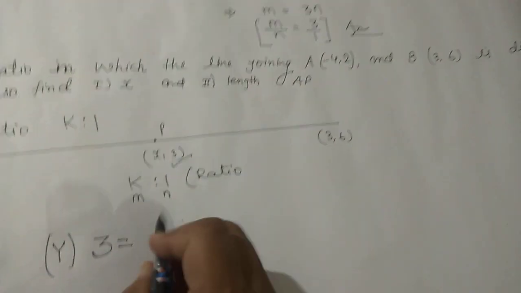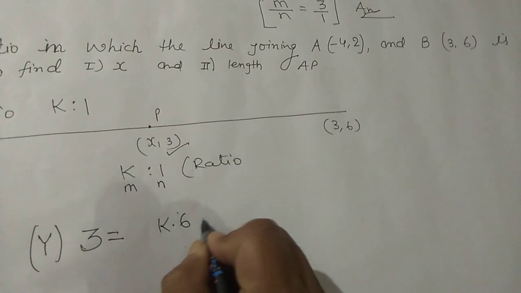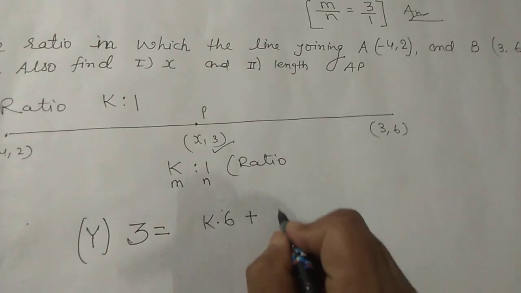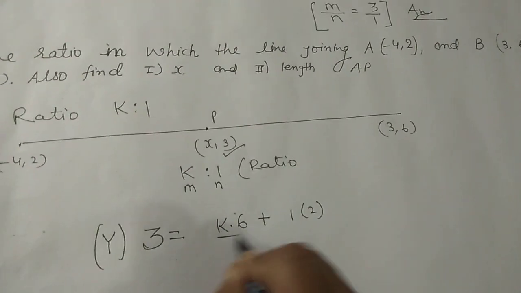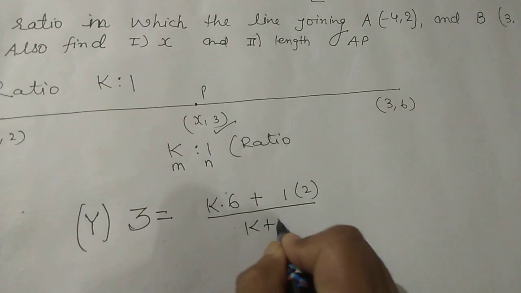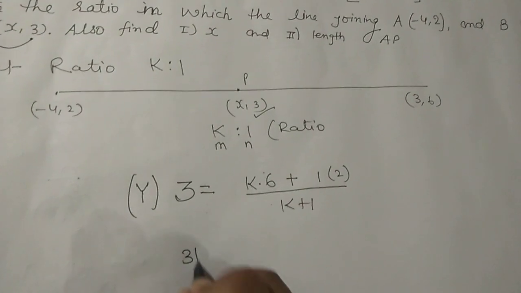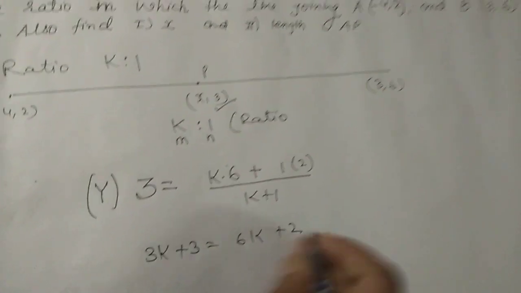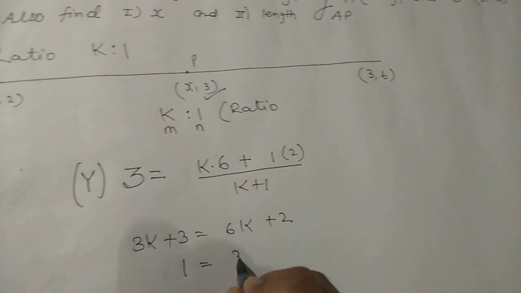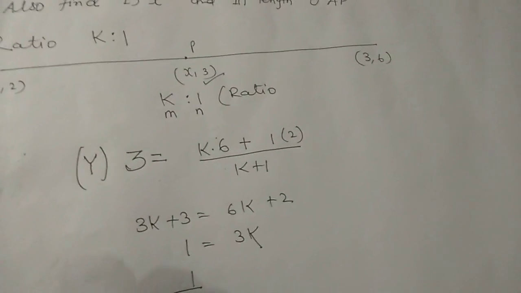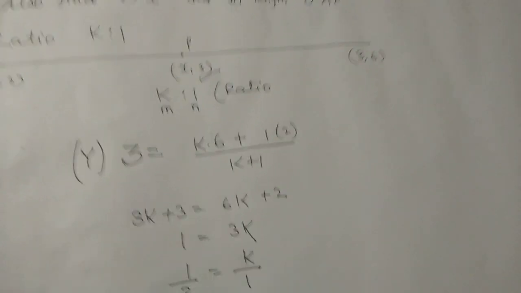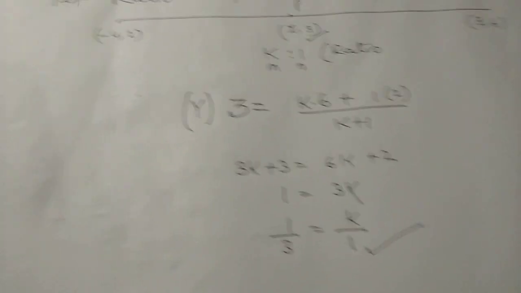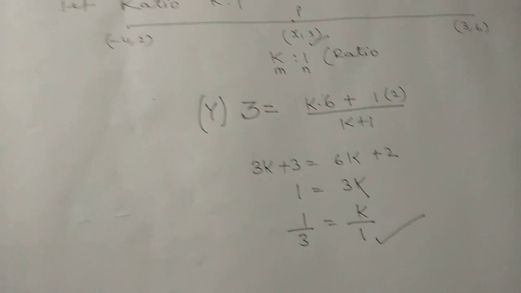So 3 equals (k into 6 plus 1 into 2) upon k plus 1. This is 3k plus 3 equals 6k plus 2. 2 will come this side, 3k will go this side. So 1 by 3, k:1 is 1 upon 3.